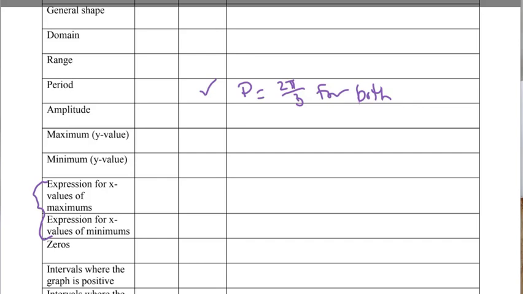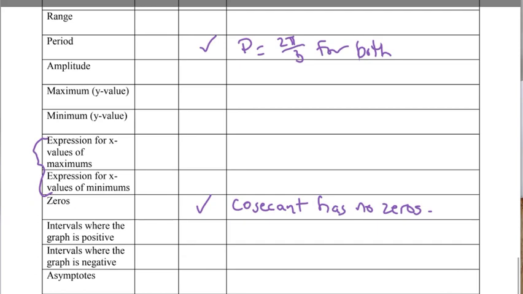Listing the zeros, there are no zeros for cosecant, so they are different. Cosecant has no zeros. It does not cross the x-axis at all. And then the intervals where they're positive or negative, are those the same or different? And then obviously the asymptotes are different because sine has no asymptotes.